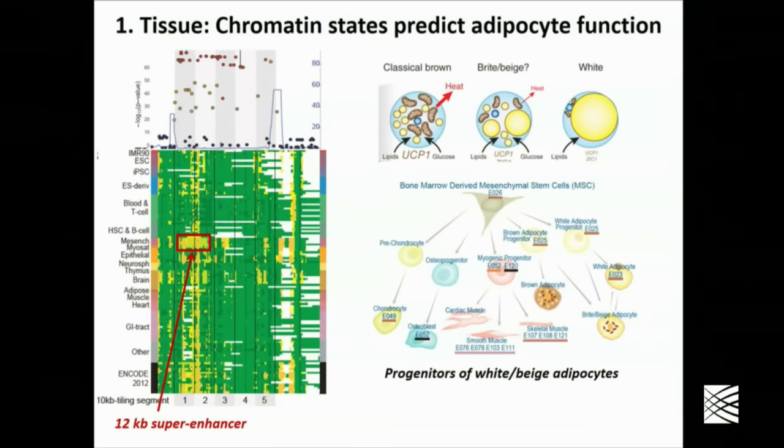So you all know that we have different types of fat cells. We have good fat cells and we have bad fat cells. The good fat cells are the ones that burn energy. They're the brown cells. And they basically take calories and then they just burn them as heat by depolarizing the mitochondrial membrane and then causing a proton transfer and loss of energy as heat rather than storage of energy as ATP.